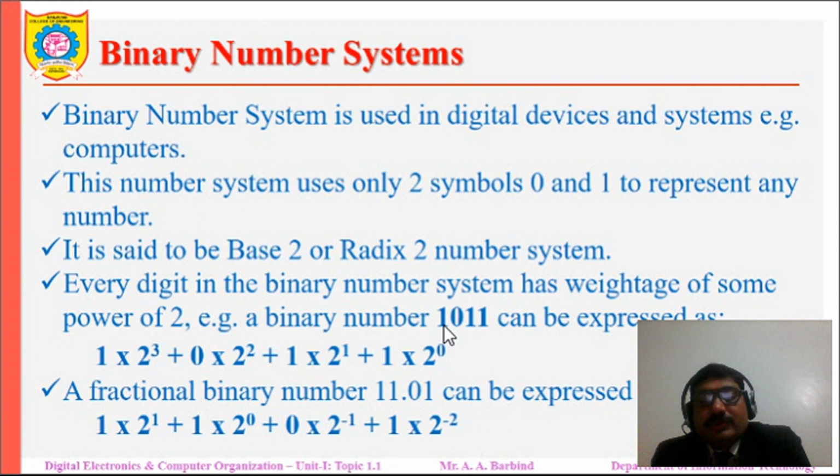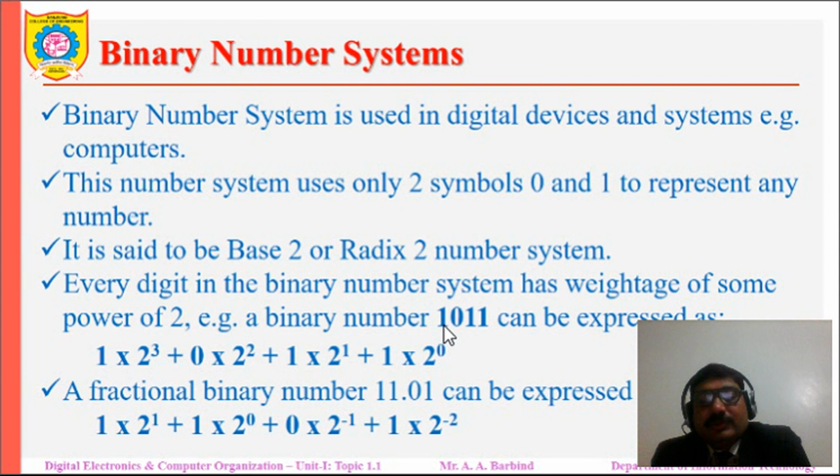We can have fractional binary numbers also, like the fractional decimal numbers. For example, 11.01 is one of the fractional binary numbers, and it can be expressed as 1 into 2 to the power 1, plus 1 into 2 to the power 0, plus 0 into 2 to the power minus 1.